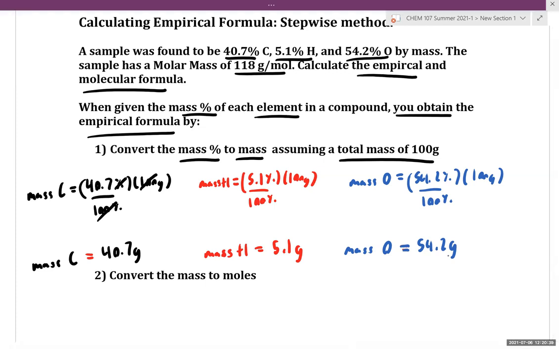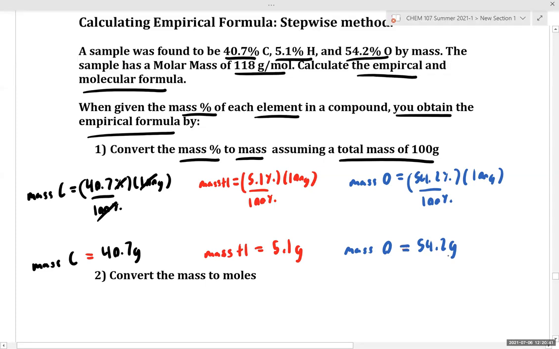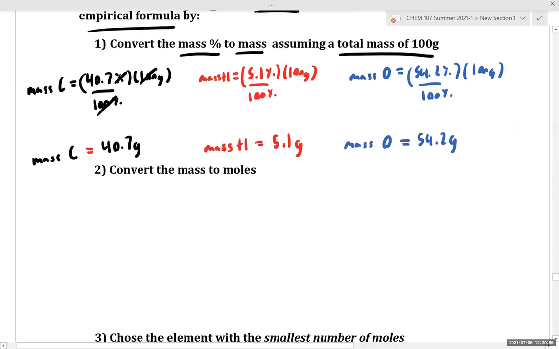Okay, does this first part of calculating the empirical formula make sense? So we've calculated the mass of each element. Yes. Okay, so now that we have the mass of each element, we have to convert the mass to the moles.